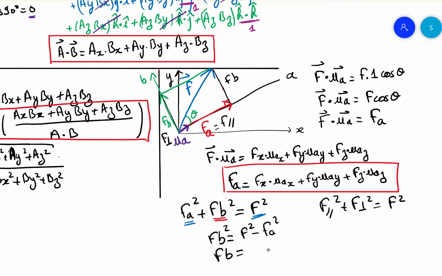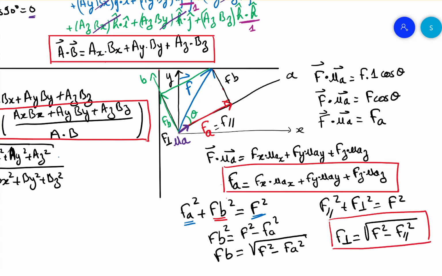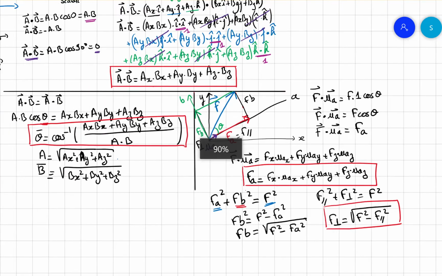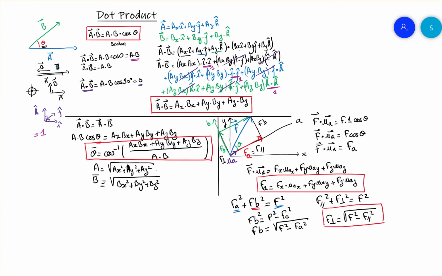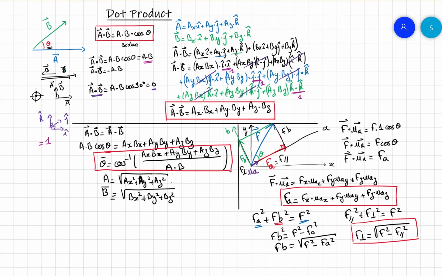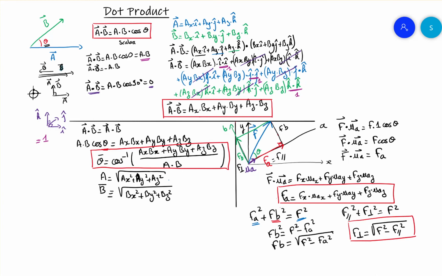So FB is equal to the square root of F square minus FA square, or F perpendicular is equal to the square root of F square minus F parallel to the axis square. So you can write this formula to find the perpendicular component of the force. Everything that I squared in red is the formula that we will need to solve your problem. Let's put it there, so you have everything on one page.